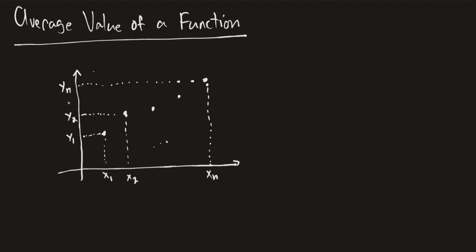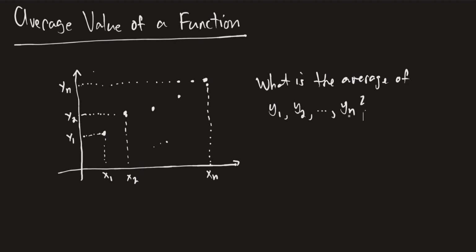and if we know all the y values, and I asked you what is the average of these n y values, so the average of y1, y2, dot dot dot, yn. Well, how do we find the average of a set of numbers?